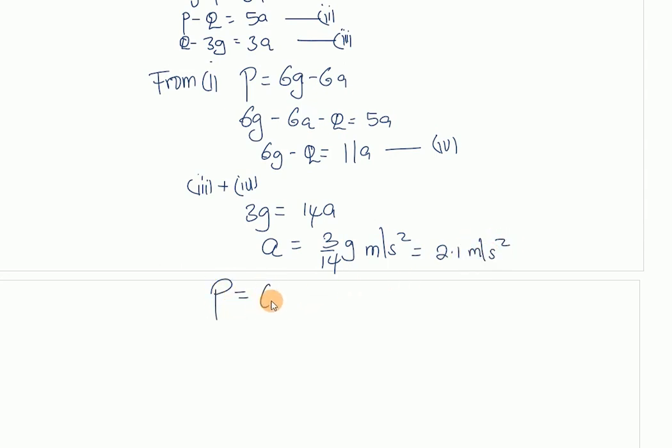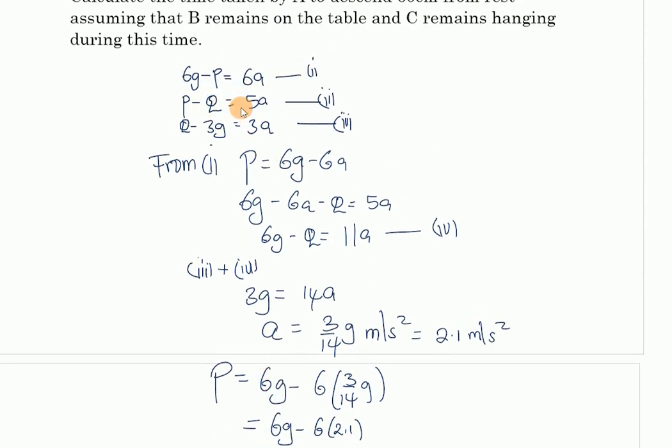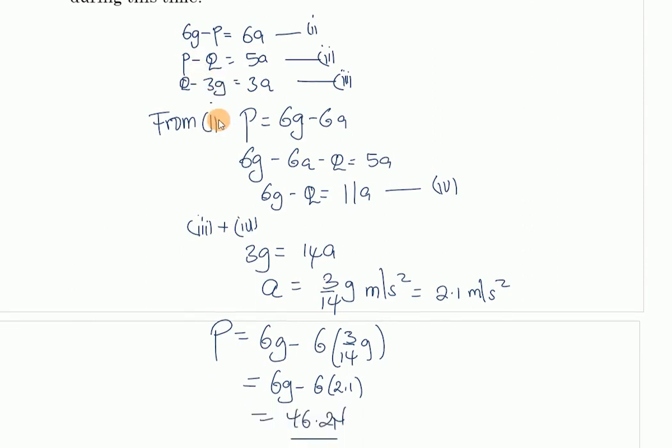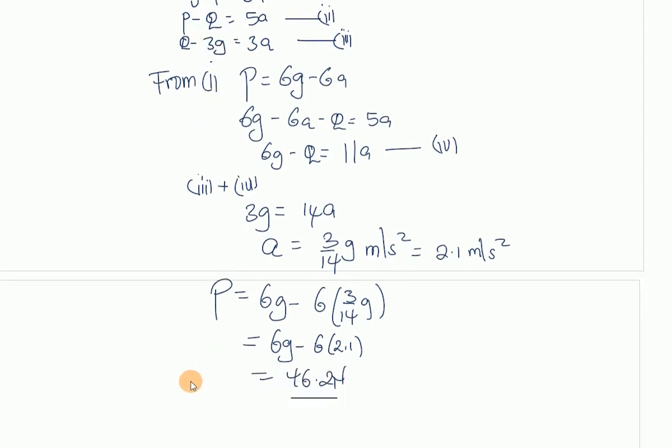P is equal to 6G minus 6 of 3 over 14 G. This one is 6G minus 6 times 2.1, and G is 9.8. So I am going to get P as 46.2 newtons. After getting P, we use equation 2.